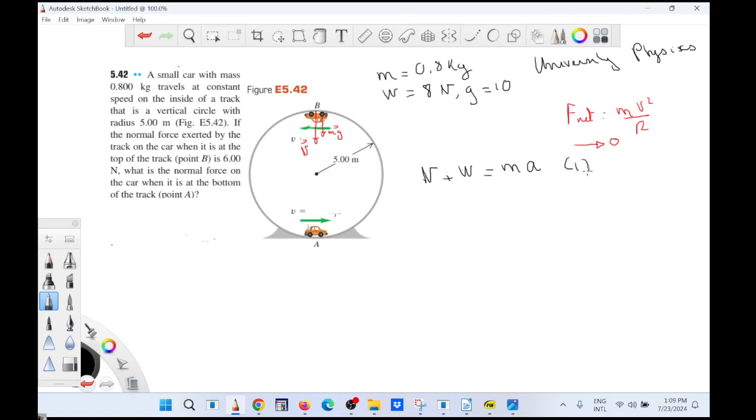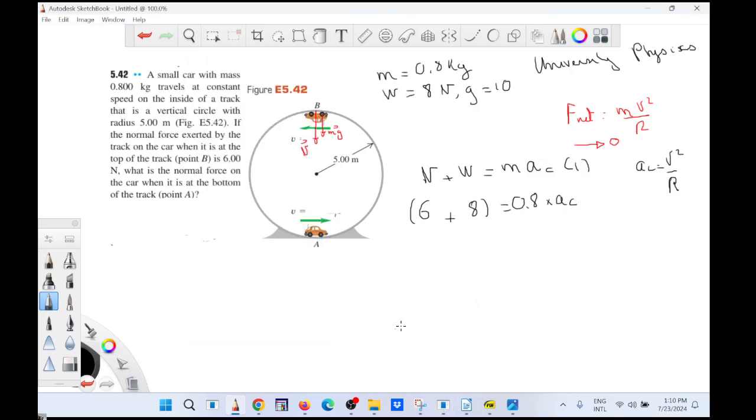So from that equation, you can solve for the speed, okay? Or you can keep the acceleration, because if it's moving at a constant speed, it's going to be the same when it's at the bottom. You see, the centripetal acceleration is v squared over r. The speed stays the same, r stays the same, so the centripetal acceleration is going to stay the same. So this is 6 plus the weight is 8. The mass is 0.8 times the acceleration.